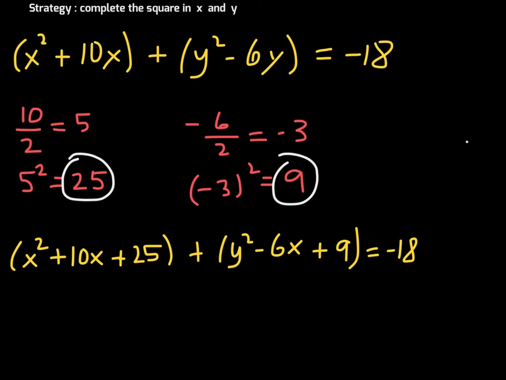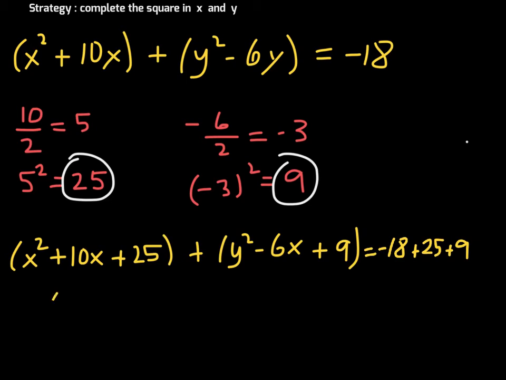So let me make a little more room over here on this side. Let me rewrite that negative 18, just a little smaller. If we added 25 to the left, you have to add 25 to the right. If you added 9 to the left, you have to add 9 to the right as well. So you see me doing the same thing to both sides.